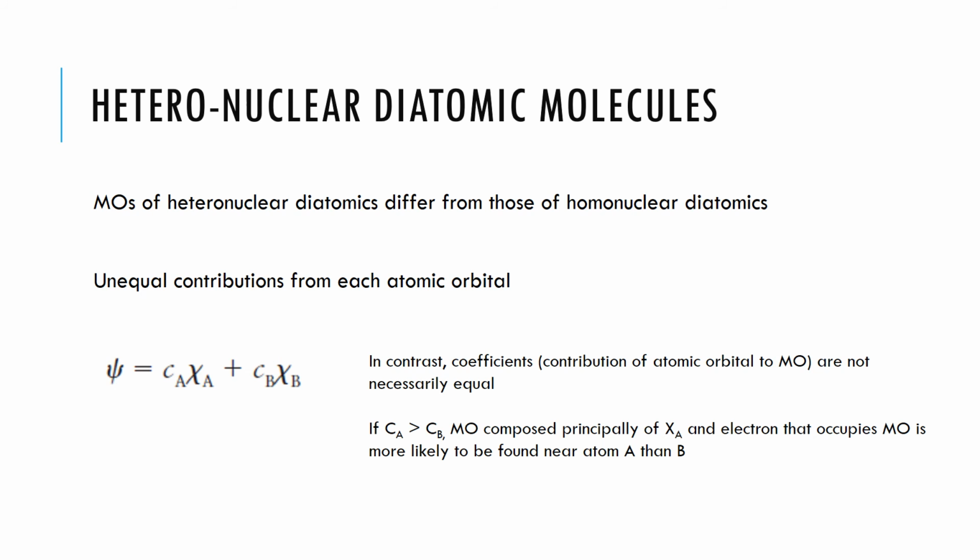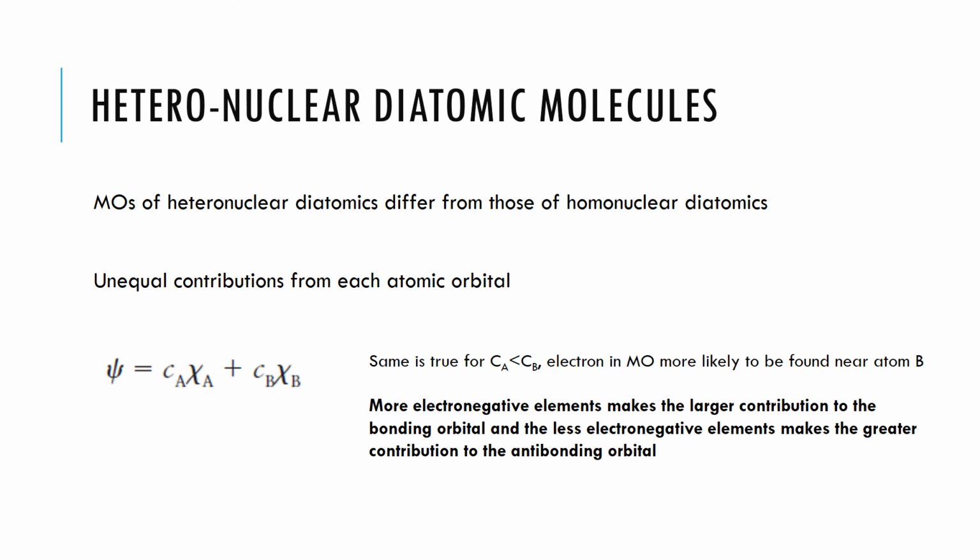If Ca is greater than Cb, then the molecular orbital is composed principally of Xa, the character of the orbital is principally that of atom A. And the electron that occupies the molecular orbital is more likely mathematically to be found near atom A than atom B. The same is true if Ca is less than Cb. The electron in the molecular orbital is more likely to be found near atom B.